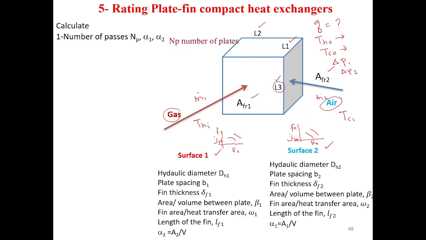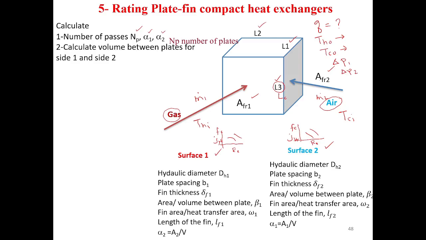The frontal area for side 2 is L1 times L3, and the frontal area for side 1 is L3 times L2, and it is obvious that this is the common edge. Since you know beta 1 and beta 2 and the thickness of the plate, you can also find the number of plates, alpha 1 and alpha 2, as we did previously.